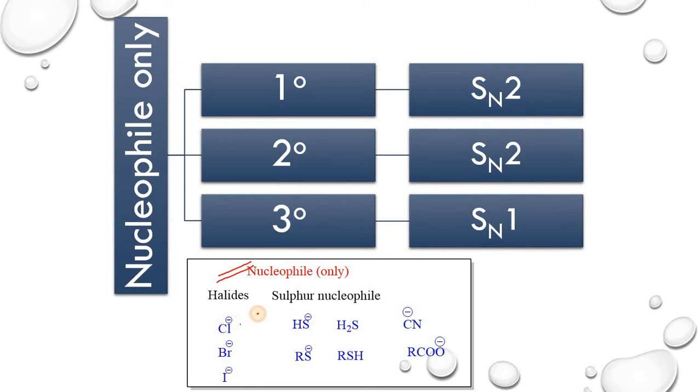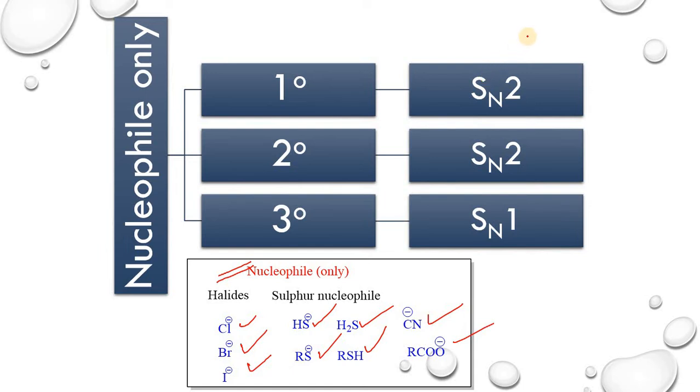If you take halides Cl minus, Br minus, I minus, HS minus, RS minus, H2S, RSH, CN minus, RCOO minus, if you find these chemical species in the reaction of alkyl halides, then you can find only nucleophilic substitution reactions.